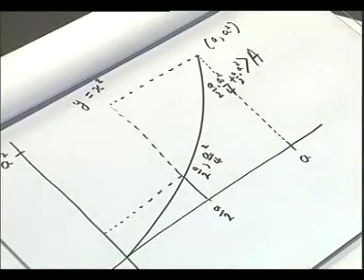So we've got this area A. What we've got is an upper limit for it. We know it must be less than that.